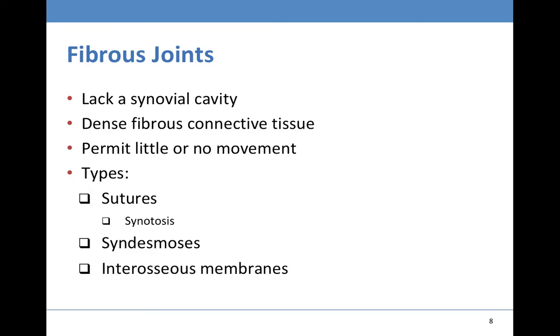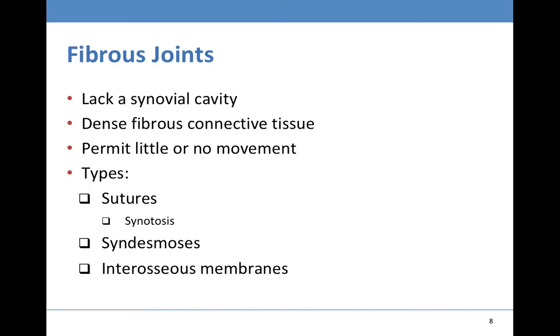An example of this gomphosis is the root of a tooth in its socket. So we know that, normally speaking, our teeth do not move in the socket. So therefore, it's a syndesmosis or gomphosis.